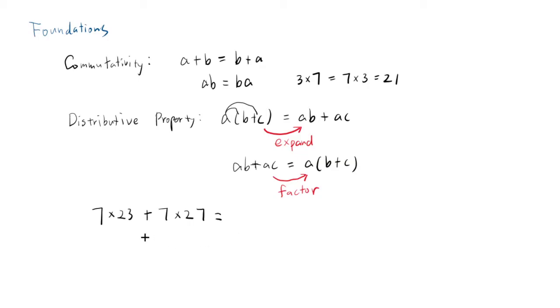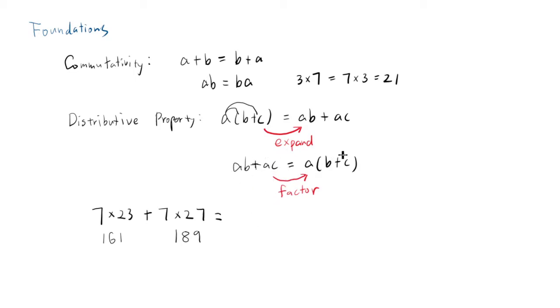Okay, so I will assume that you stopped the video and tried this. If you try to solve this by doing 7 times 23 and you got 161, and if you try to do this by 7 times 27, which is 189, and you try to add them, well, then you truly didn't know what this meant.